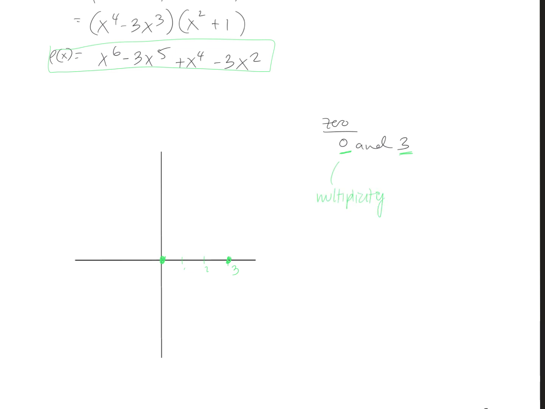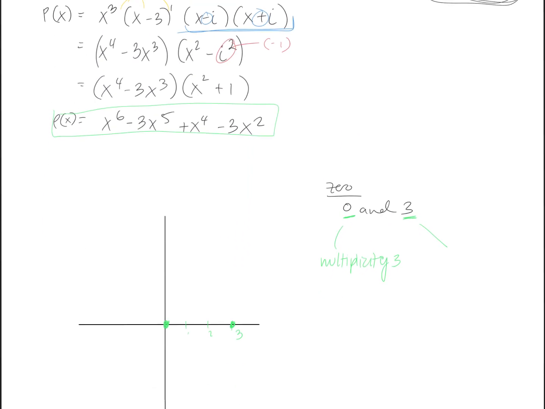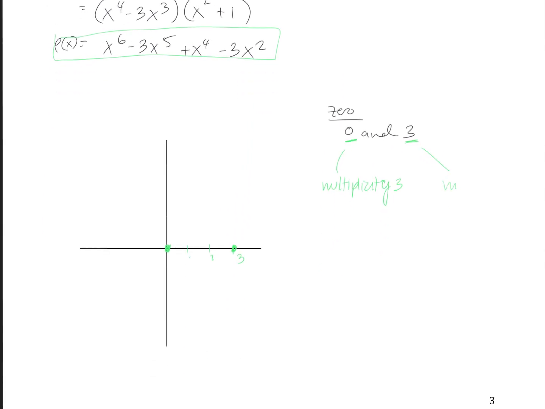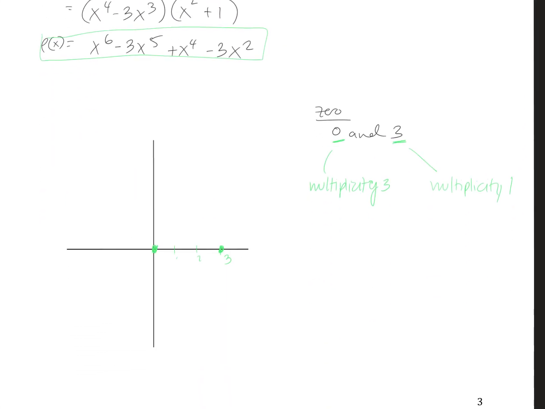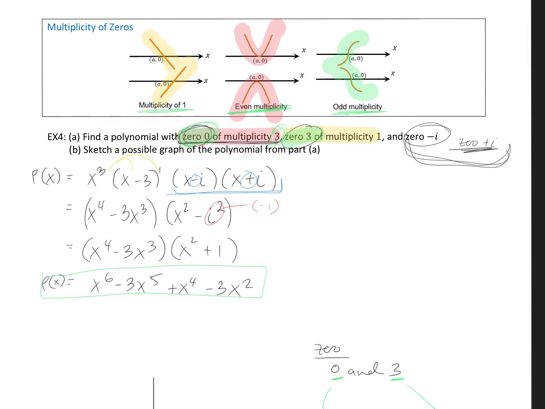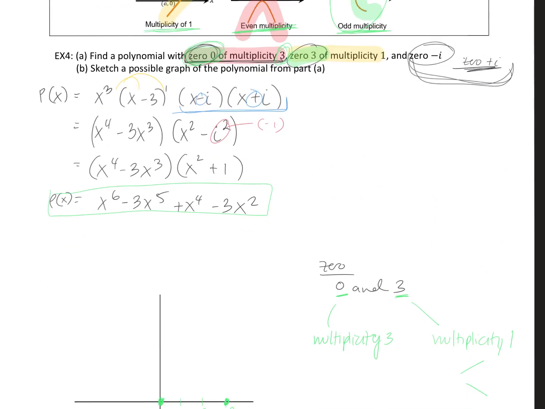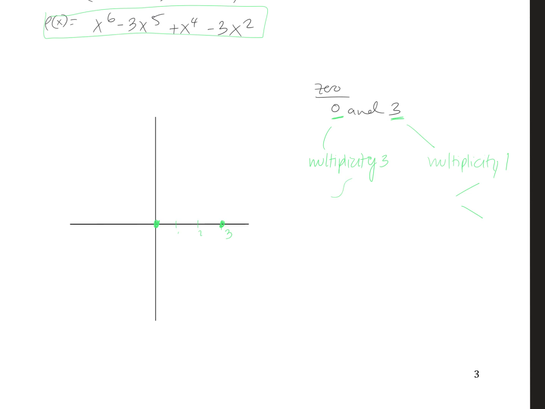Multiplicity of 3. And what did 3 have? 3 had a multiplicity of 1. So multiplicity of 1 is going to either be straight up or down through the axis. And multiplicity of 3, again, it's an odd multiplicity, so it's going to curve either up or curve down. How do we know which one to use?